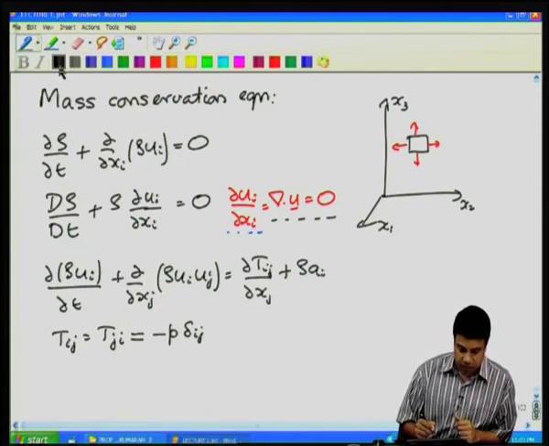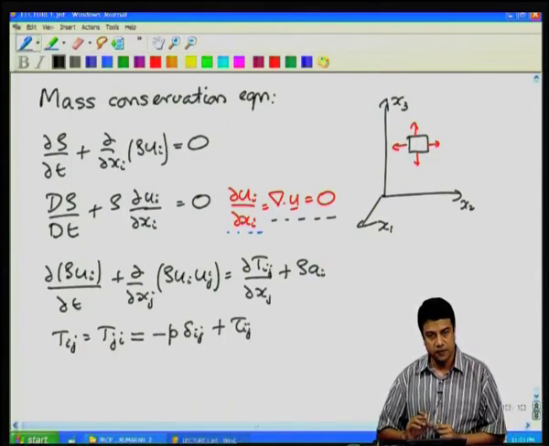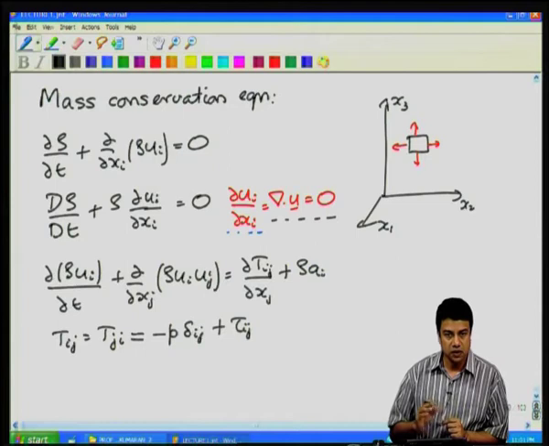Then there is a second part which is non-zero only when there is flow, tau ij. If this tensor is symmetric traceless, in other words, if the flow does not add to the isotropic part, then this symmetric traceless tensor was postulated to be a linear function of the velocity gradient.